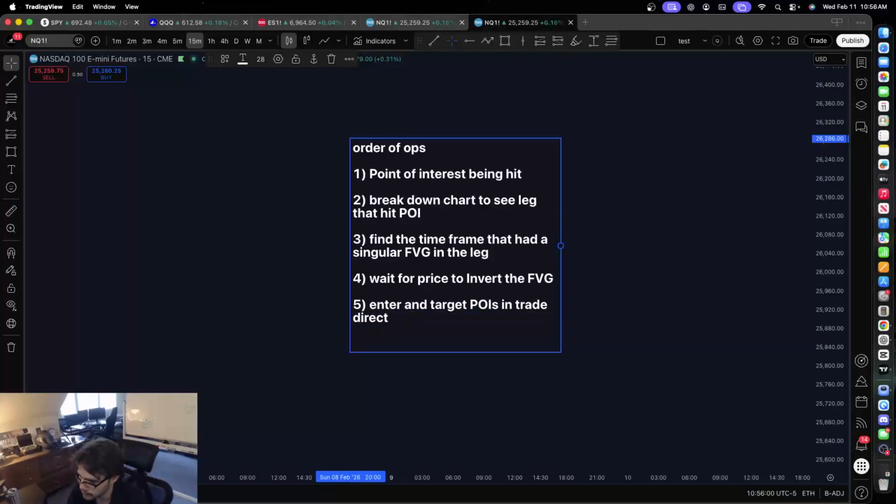And then tips, target like a 1-to-1 RR, or like a 1-to-1 to like a 1-to-3.